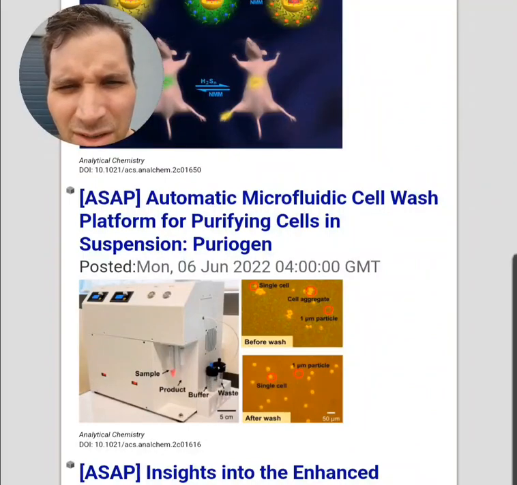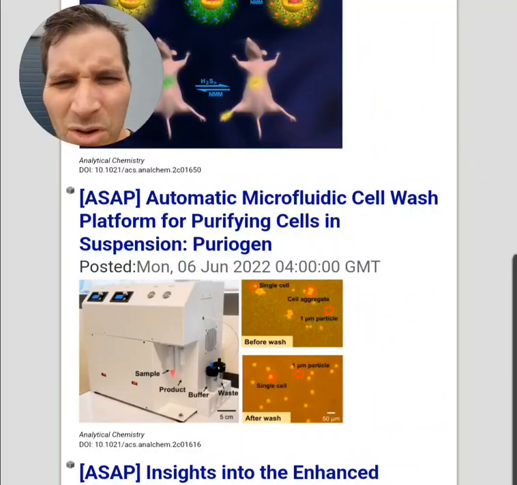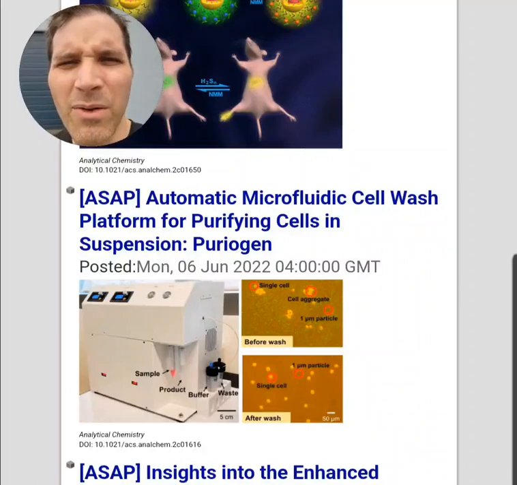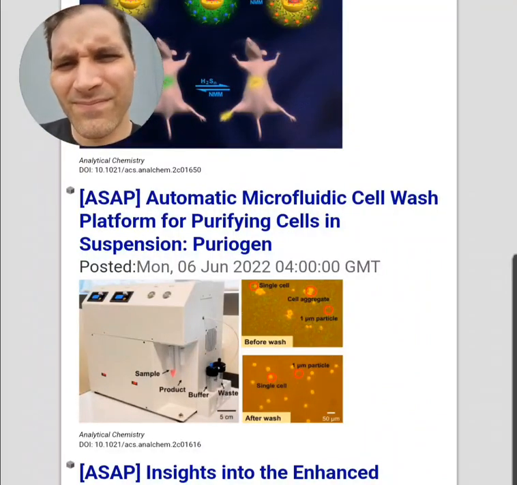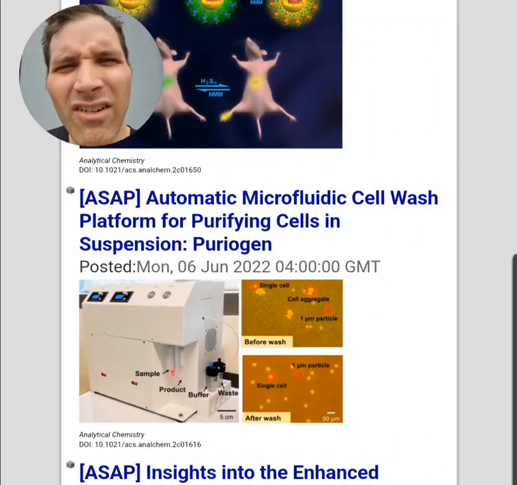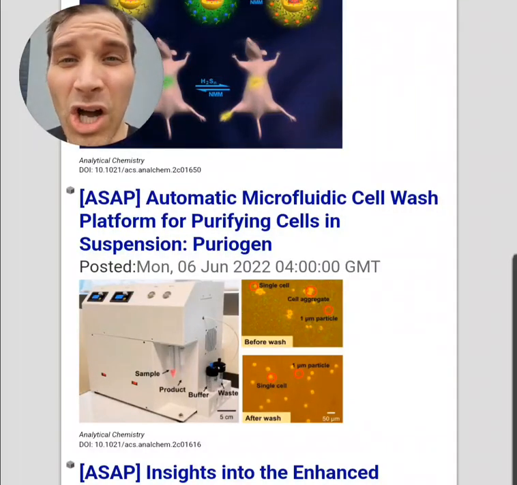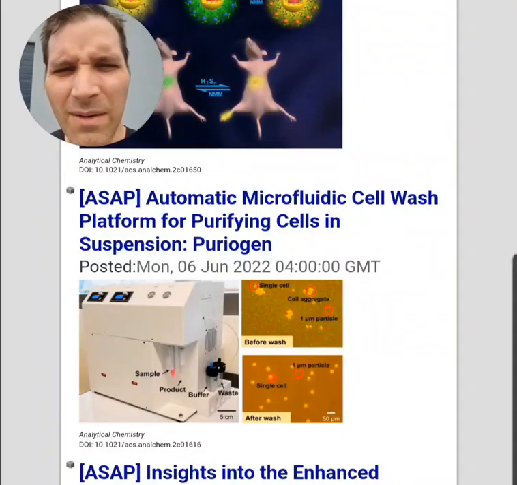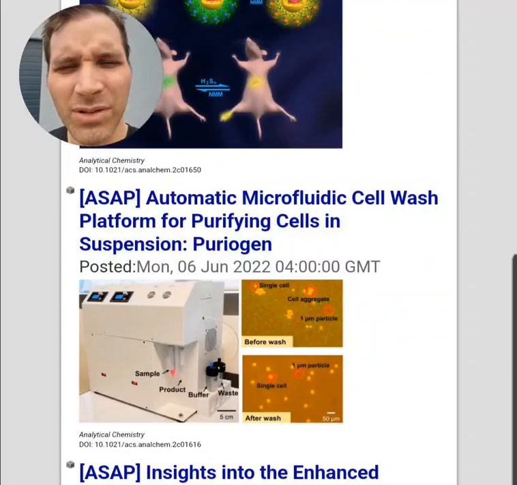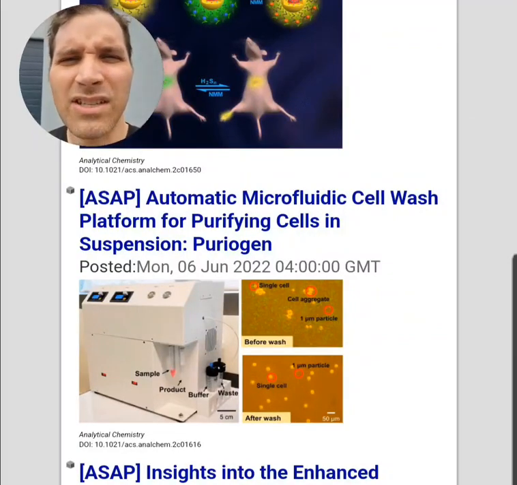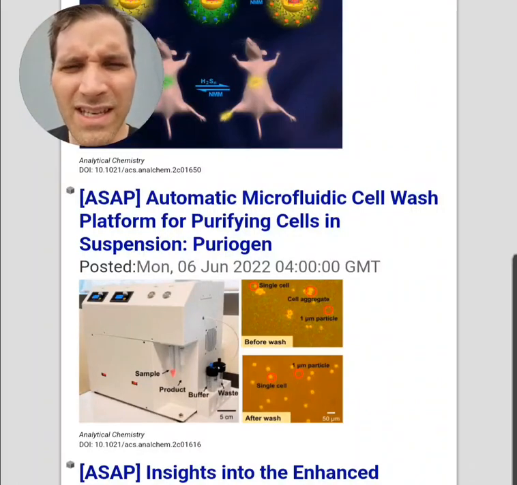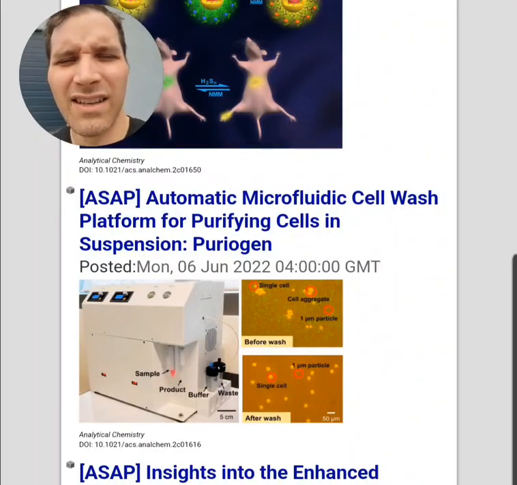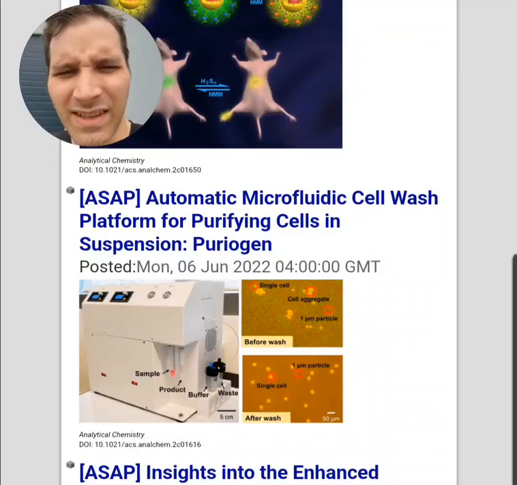So it looks like they got rid of cell aggregates in that wash, and they probably want to do that because cell aggregates might precipitate further aggregates in a microfluidic channel and block your microfluidic channel. That's what I'm thinking. So as it's an automatic cell wash process, that seems extremely useful for the utility of microfluidic devices. Awesome.